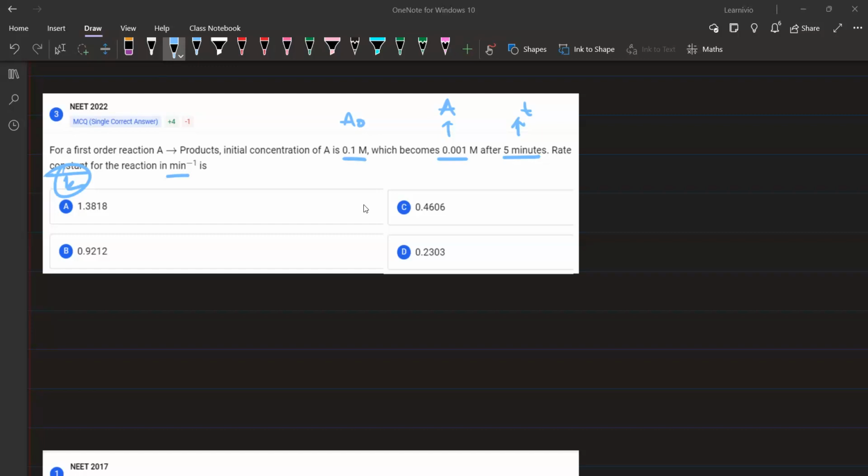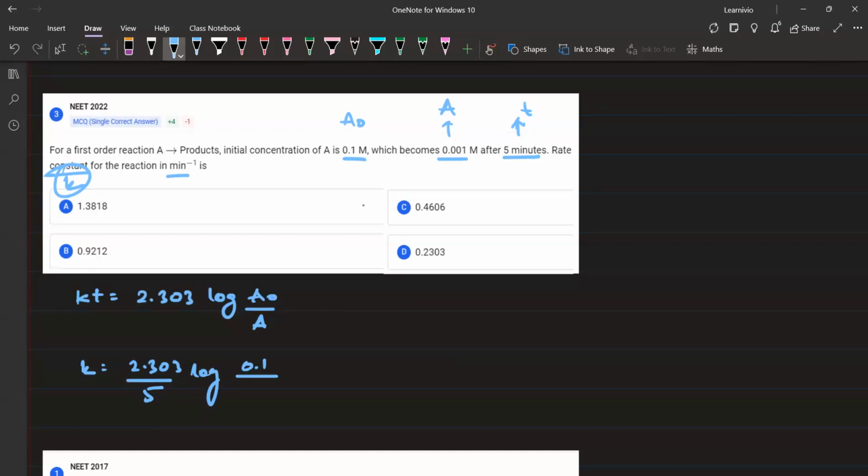It's almost over. See, the formula for a first order reaction is Kt equal to 2.303 log of A naught by A. So K will be equal to 2.303 divided by 5, right? 5 minutes, yes. Log of A naught, which is 0.1, divided by 0.001.